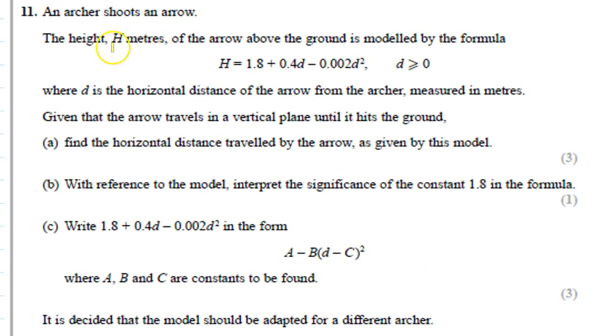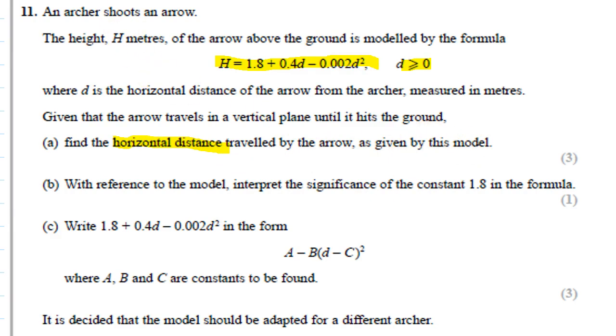An archer shoots an arrow. The height h meter of the arrow is given by h is 1.8 plus 0.4d minus 0.002d squared, d is greater than 0, where d is the horizontal distance of the arrow from the archer measured in meters. Given that the arrow travels in a vertical plane until it hits the ground, find the horizontal distance. This is our keyword. Find the horizontal distance traveled by the arrow as given by this model. So let's do the A part first.